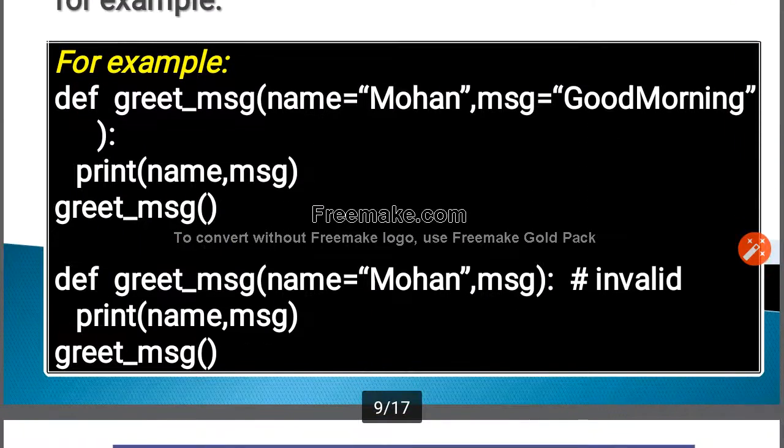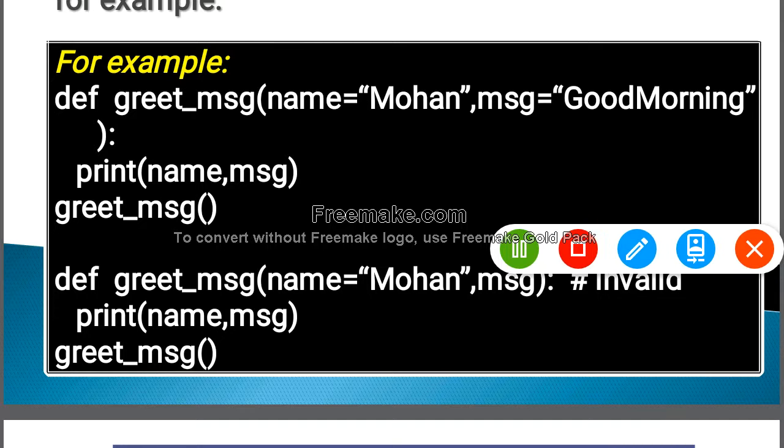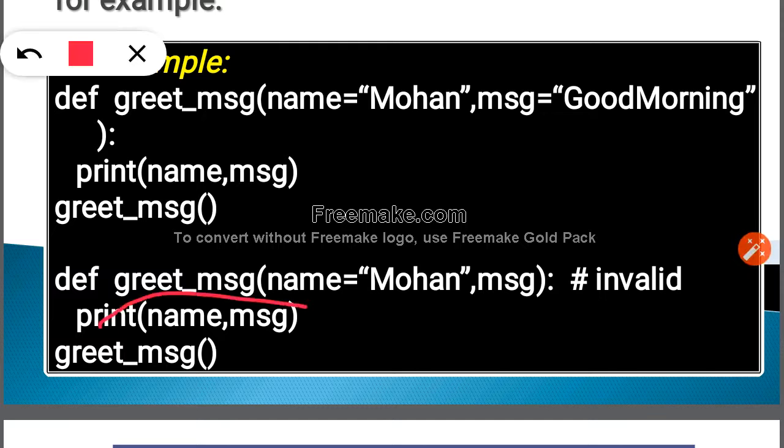In the next slide, just see the example over here. The same thing is written. When I run it, what answer will I get? It is good morning, just name comma message. Over here you can see I'm printing name comma message, and then I'm calling the function without anything. So what will happen?